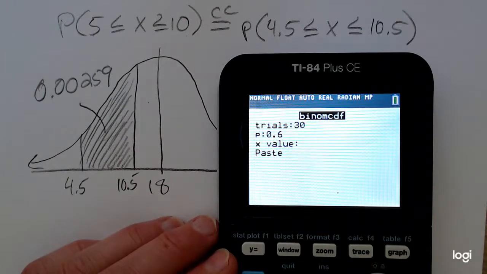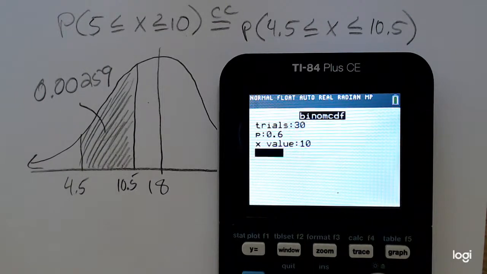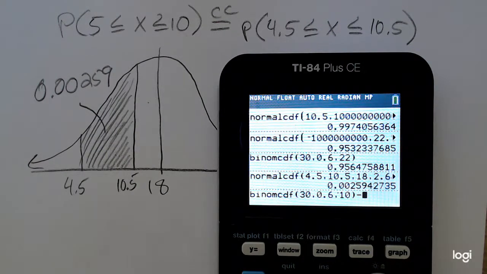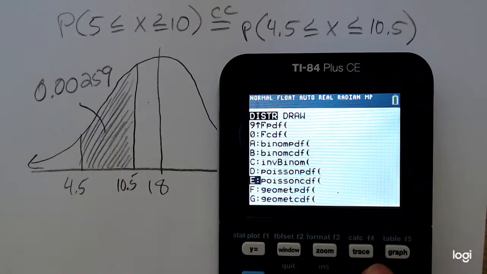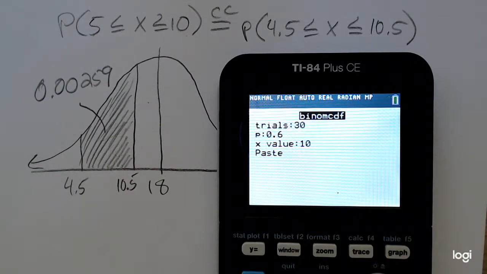30, 0.6, stopping at 10, and then I'm going to subtract out the sum of the probabilities I don't want. And that was from 4 down to 0.